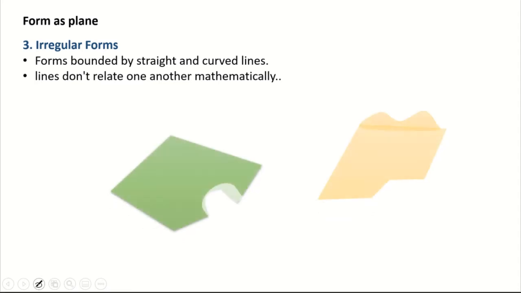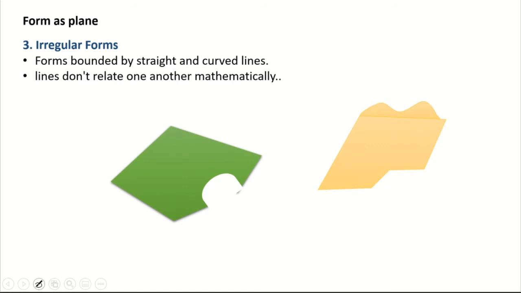And also they do not have any mathematical relation among them. Suppose here the lines and curves are there, here also lines and curves are there, but there is no relation among those lines and curved lines. Those are irregular forms.